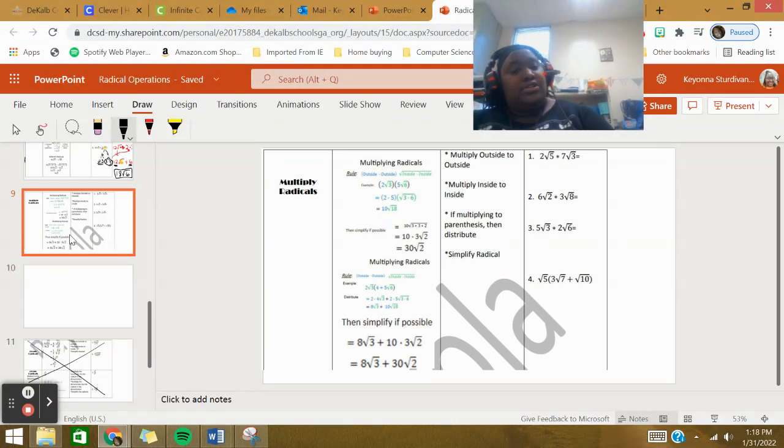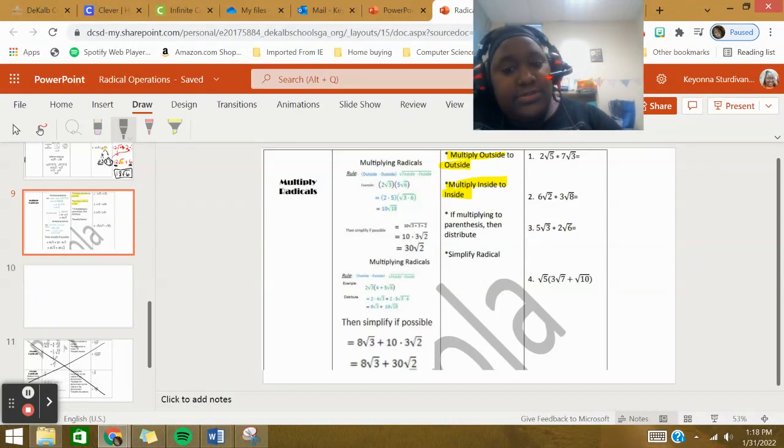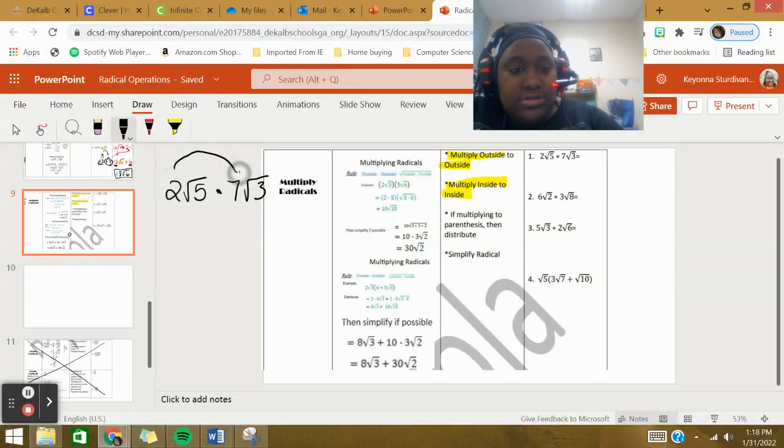All right, so we're multiplying. Let's read the rules. They say multiply the outside to the outside, and then multiply the inside to the inside. So it's pretty straightforward. On this first one, we have 2 square roots of 5 times 7 square roots of 3. First, ask yourself which ones are the outside pieces. So 2 and 7 are the outside. You need to multiply those two together.